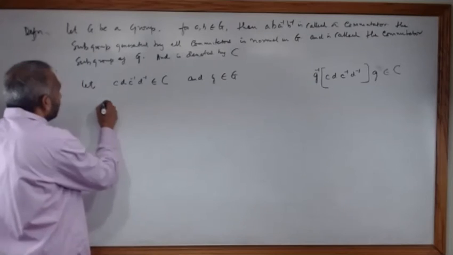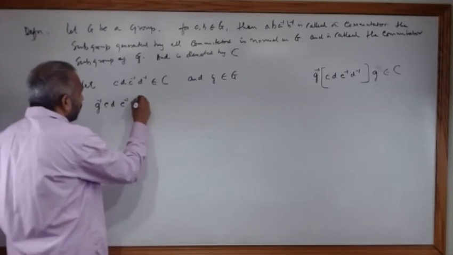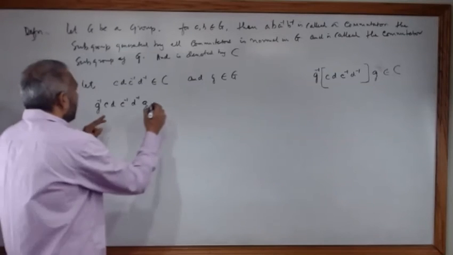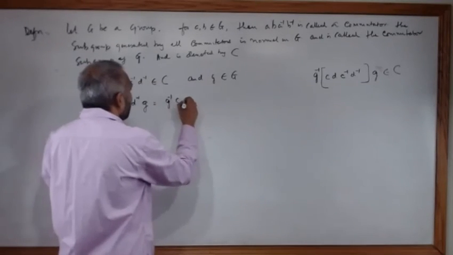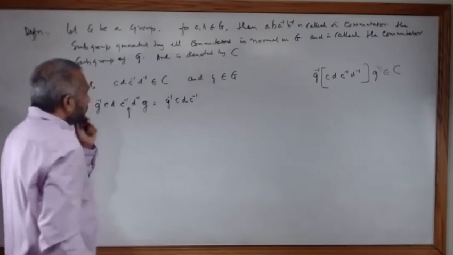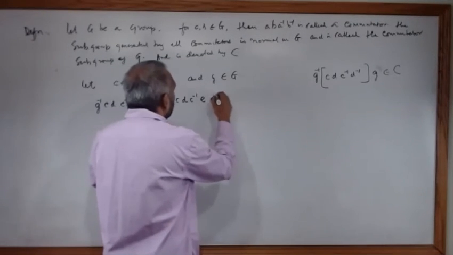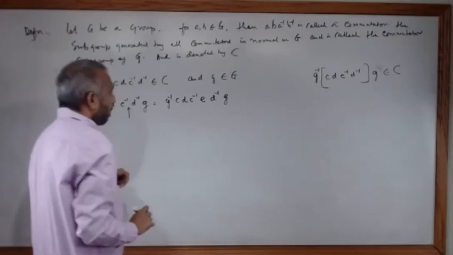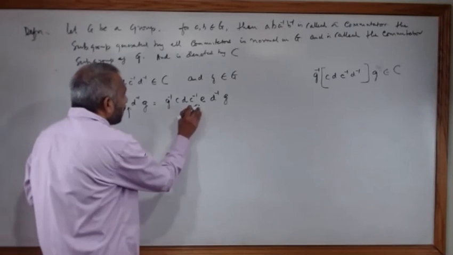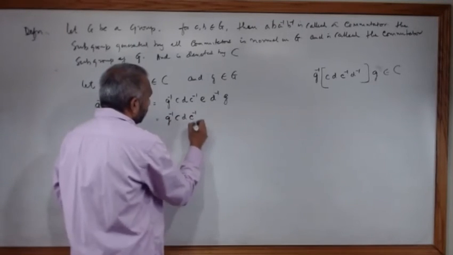So what we do is G inverse C D C inverse D inverse G equals G inverse C D C inverse. In between these two, I am going to insert E, D inverse G. We can do that, right? Now we are going to replace this E with G inverse C D C inverse.